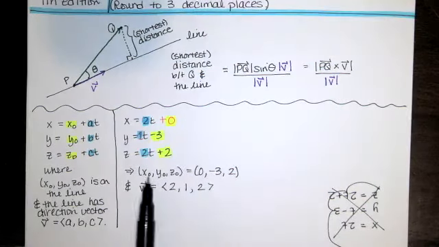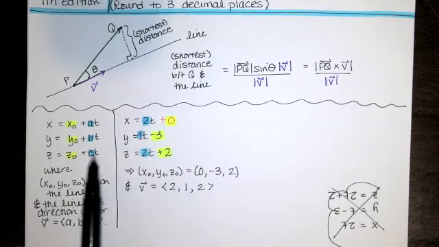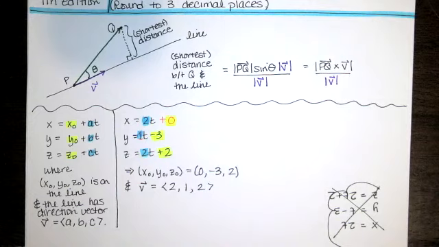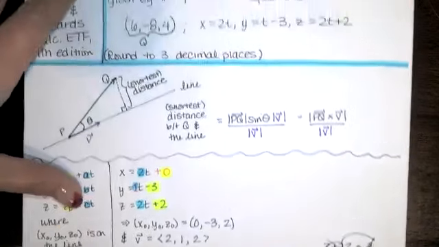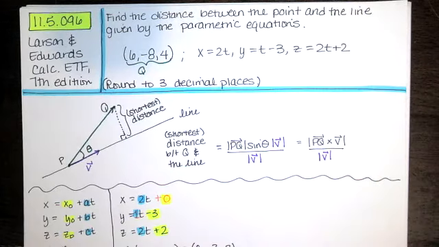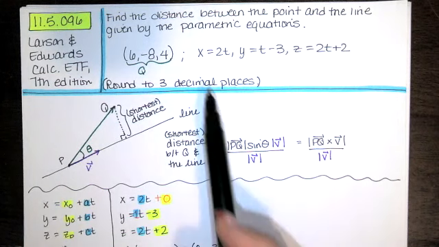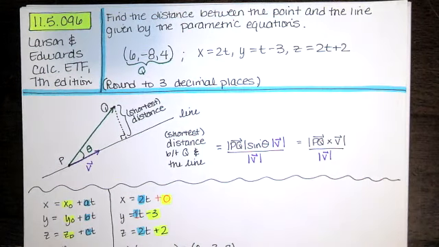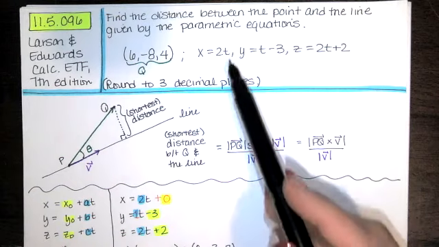Another way that you can find x naught, y naught, z naught is to just plug in any value of t to these equations. I know I've highlighted them a lot, so it's a little bit less clear at this point. But if I plug in t equals 0, I can think of that as representing a particular time. I might say to myself, if there's some particle traveling along this line, and at every time it's at a different location given by x of t, y of t, and z of t, where will that particle be at time t equals 0?